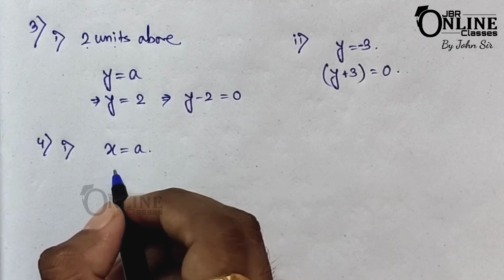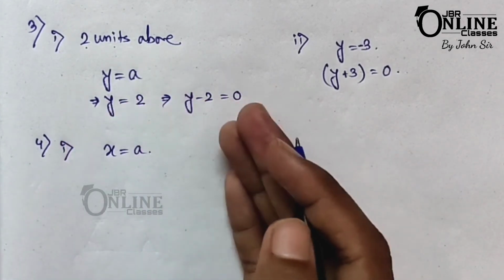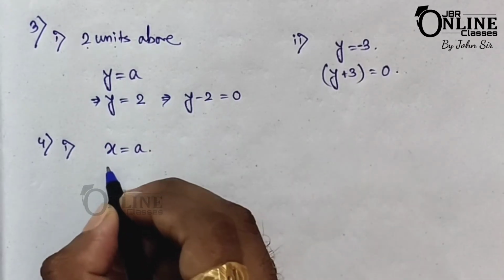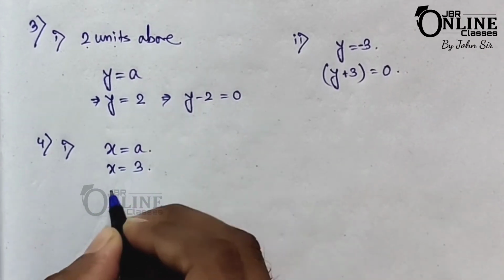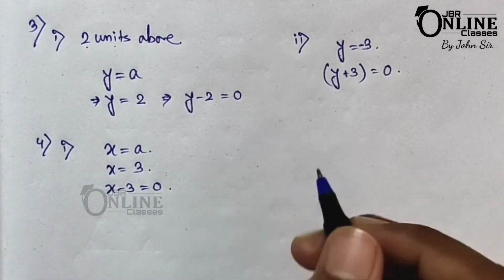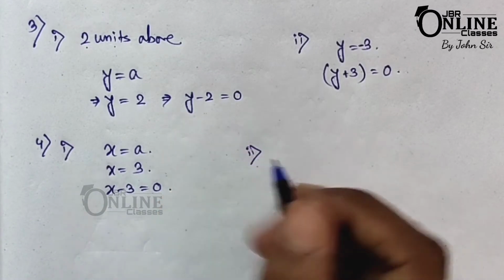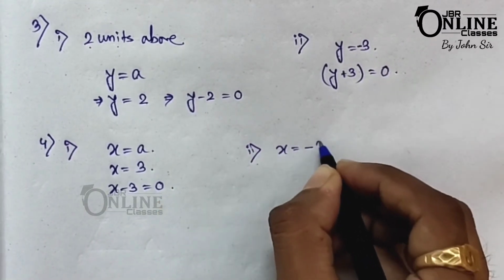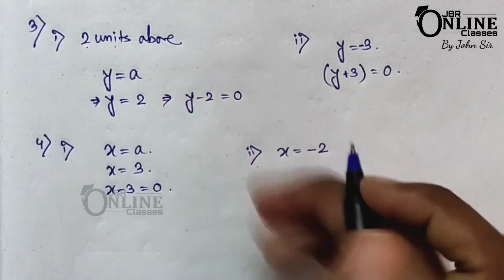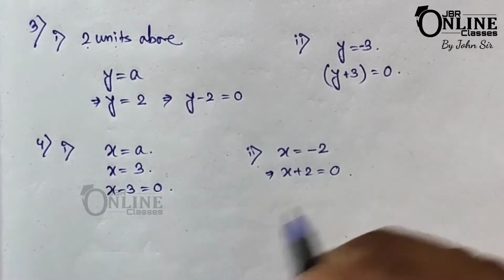Since it is 3 units to the right side, it is positive, so x equal to 3, that is x minus 3 equal to 0. Next, 2 units to the left side, that means x equal to minus 2. Left means negative, so x plus 2 equal to 0.